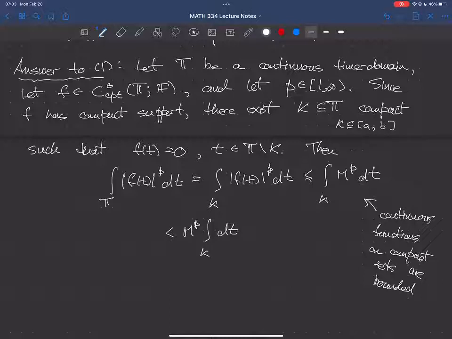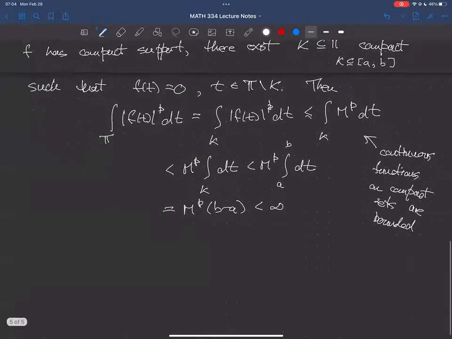Okay, and the compact set [a,b] can be obtained, for example, by taking a to be the infimum of the points in K, and b to be the supremum of the points in K. And because K is compact, actually these infimum and supremum are contained in K. All right, but the only thing I really care about is that this is finite. Okay, good.